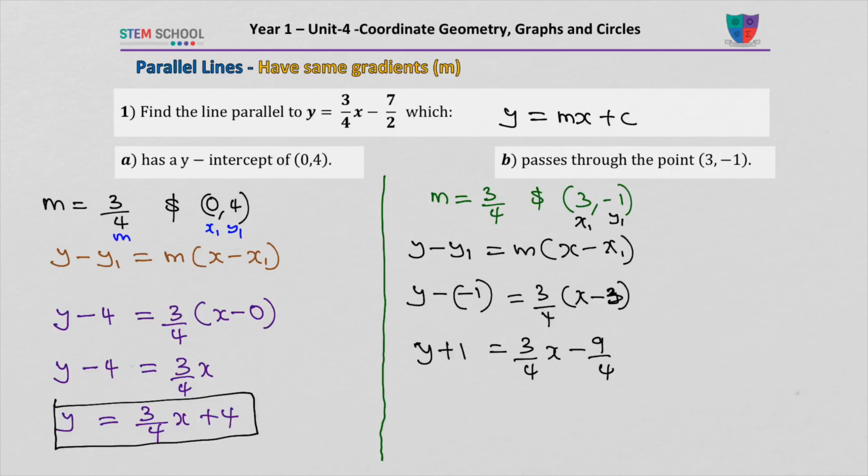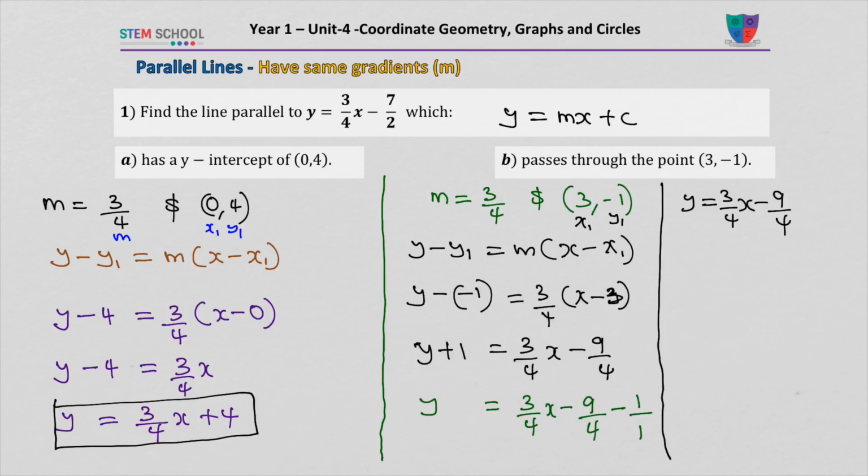So now I'm going to move plus 1 to the other side, so I get y equals 3 over 4x minus 9 over 4 minus 1 over 1. 1 over 1 is 1. y equals 3 over 4x minus 9 over 4 minus 4 over 4. So what I've done is I've multiplied that by 4 and that by 4, so I get 4 over 4 to keep the denominator the same.